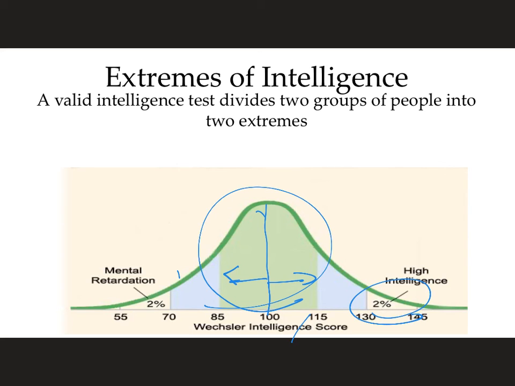And then there's the bottom 2%, and this category tends to suffer from some type of intellectual disability, or they suffer from Down syndrome.